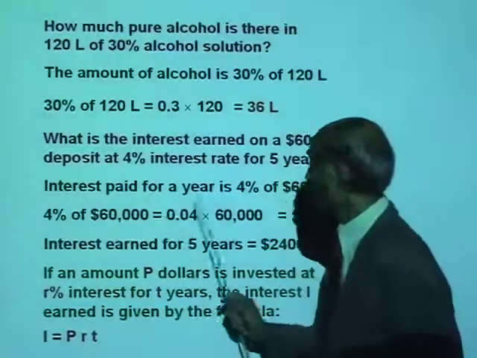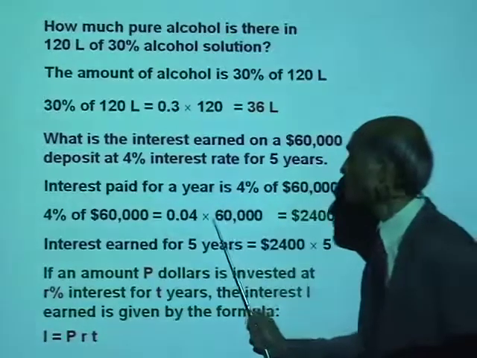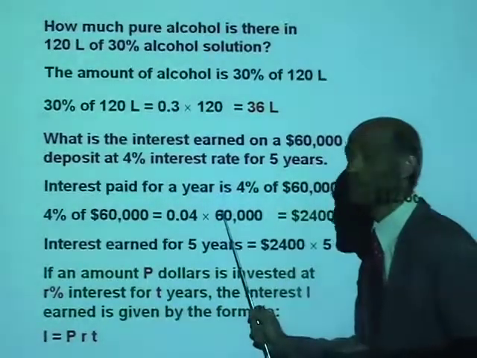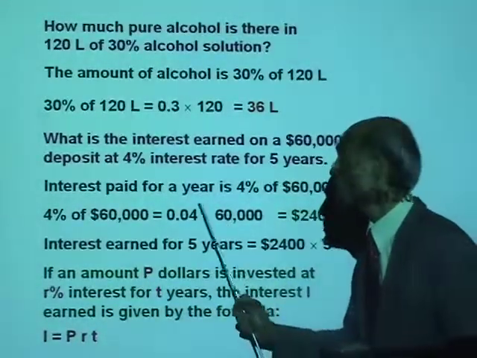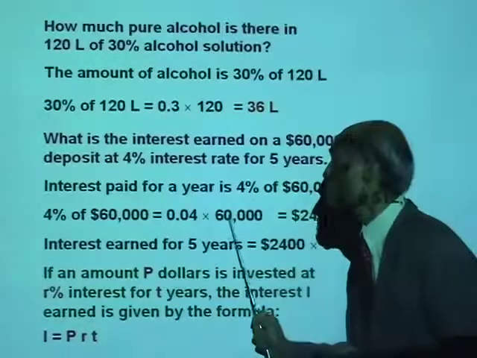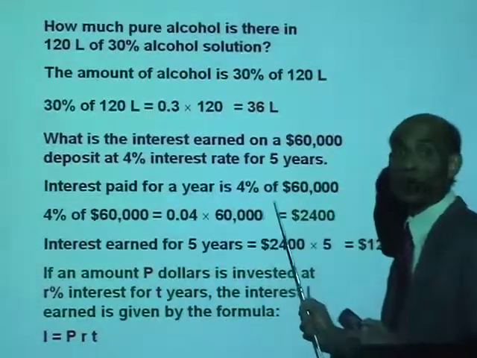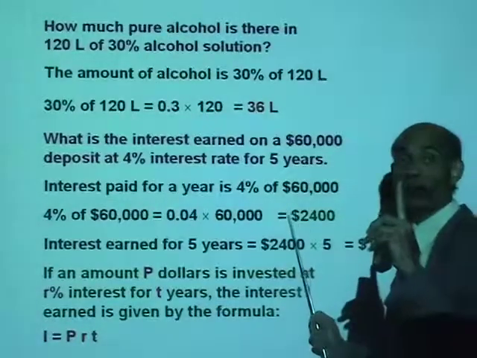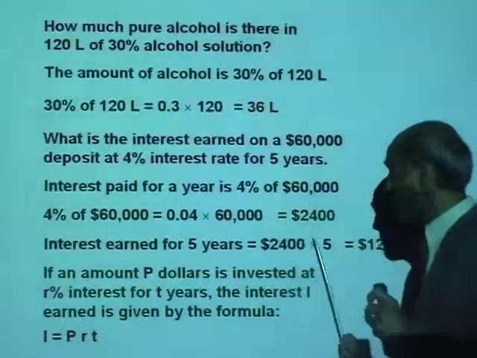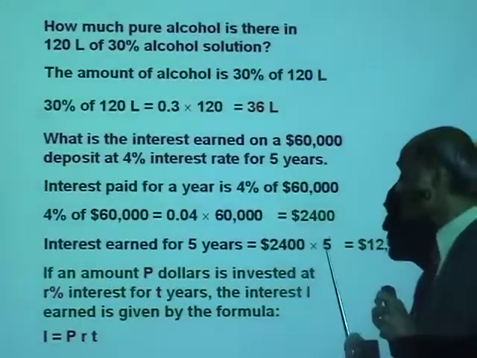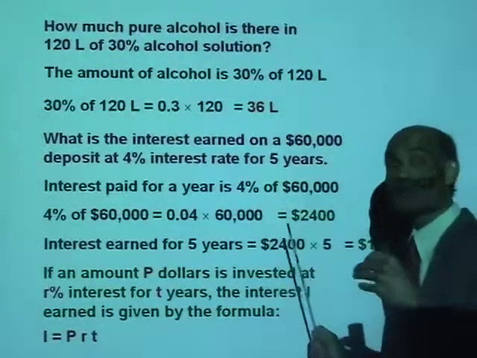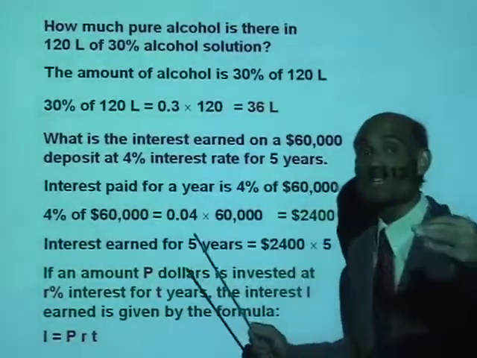You see, if you look here, this is the principal, the amount you invested. You multiply the amount with R, that is P times R, that will give you the amount of interest for 1 year. And then you multiply that with the number of years, you get the amount of interest for those many years.